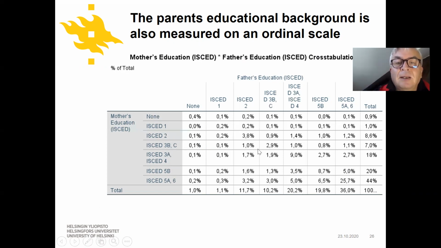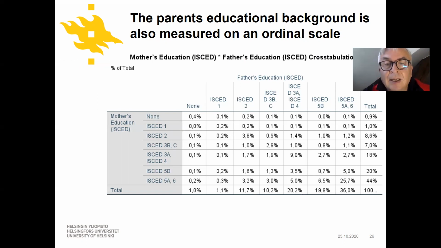And now you see no education and going up to masters and doctors here. So that would be primary, secondary, vocational. This would be polytechnics, and up here you would have university graduate.